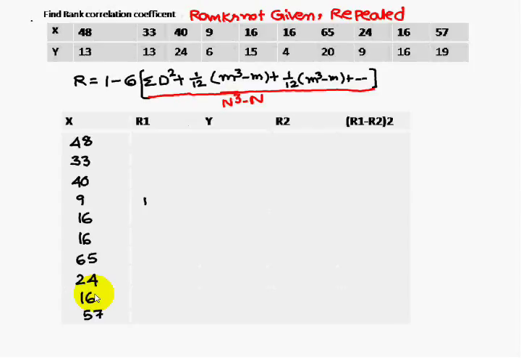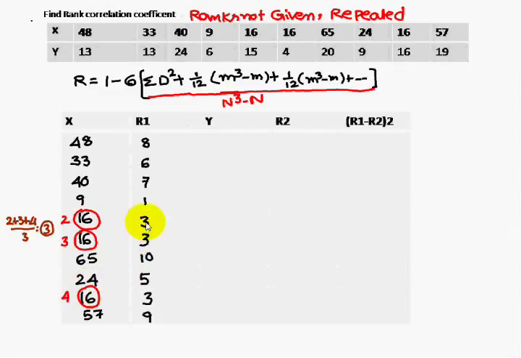Let us consider giving the second, third and fourth ranks. The average of these ranks is 3. So for every 16 you give the rank 3.